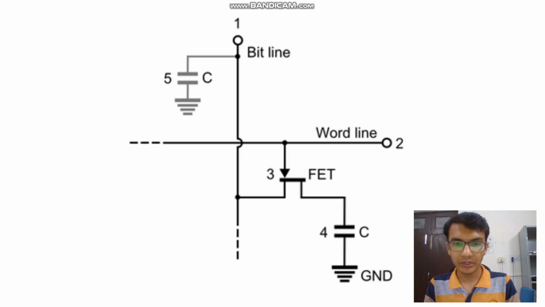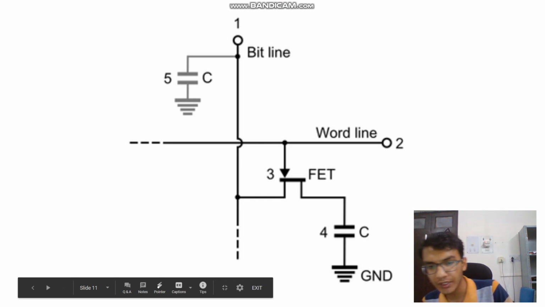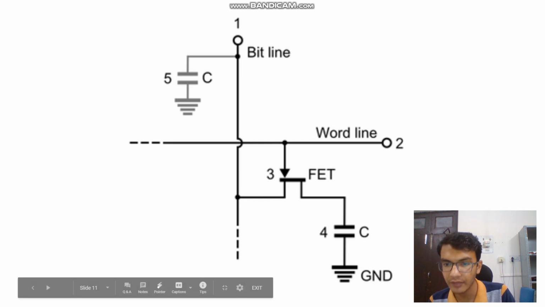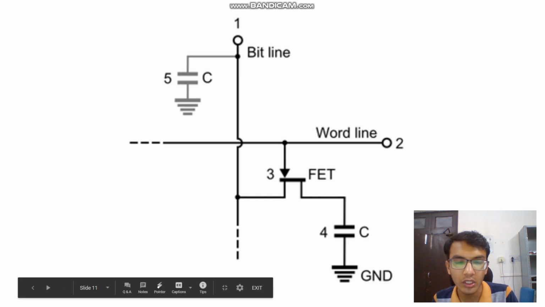This is another basic unit for RAM, which is dynamic random access memory, in which our basic data storage component is this capacitor. If the capacitor is fully charged, that is considered high, and if it is discharged, it is considered low. When data is accessed using this word line, the MOSFET, or transistor, transfers data from the capacitor to the bit line.